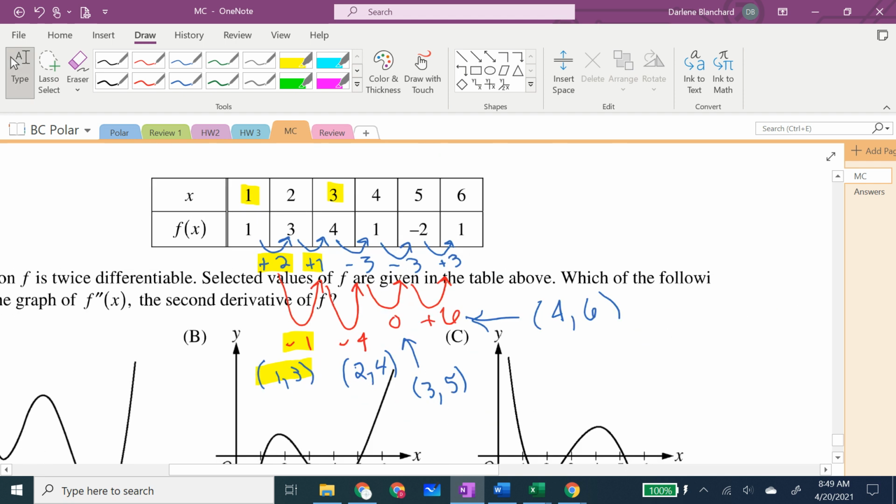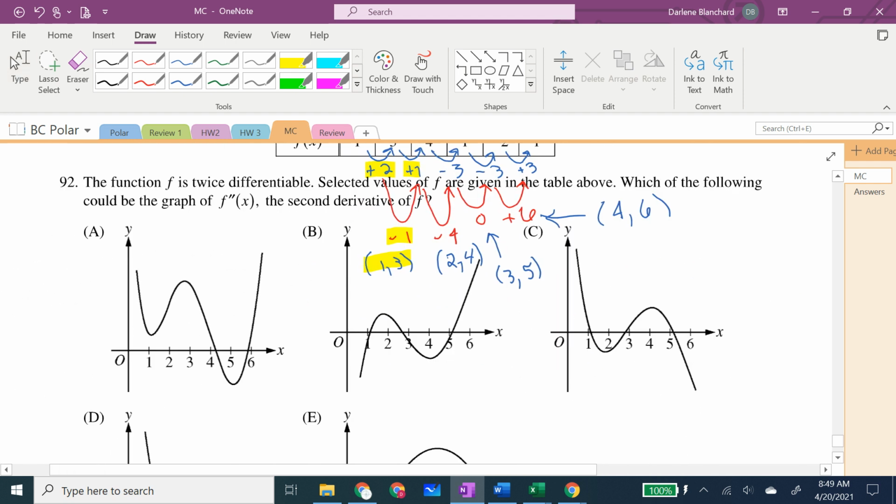So with that one statement, I'm going to go through and look at these. Between 1 and 3, do I have a negative 1 value? No. Between 1 and 3, do I have a negative value? Yes, I do.